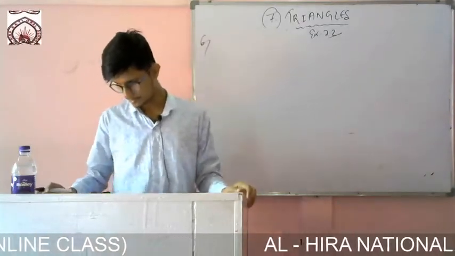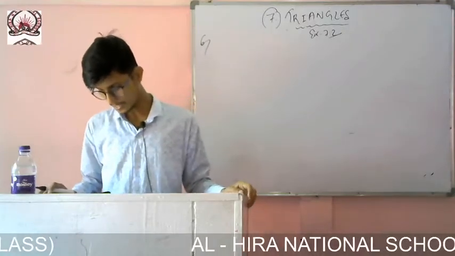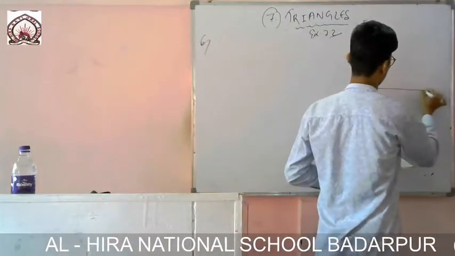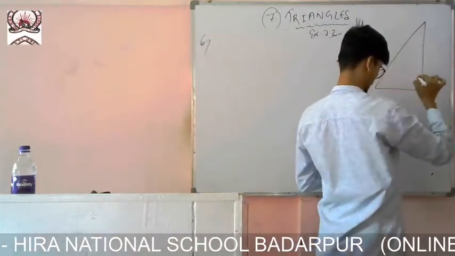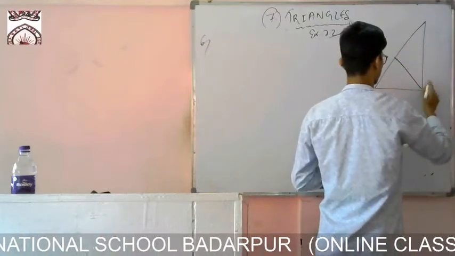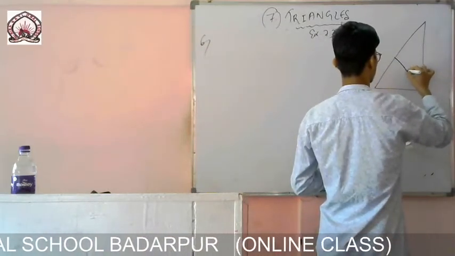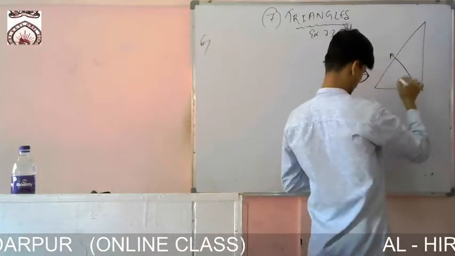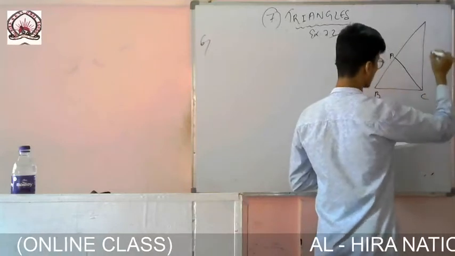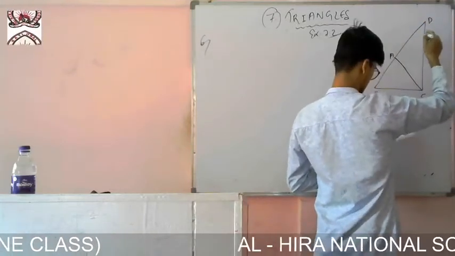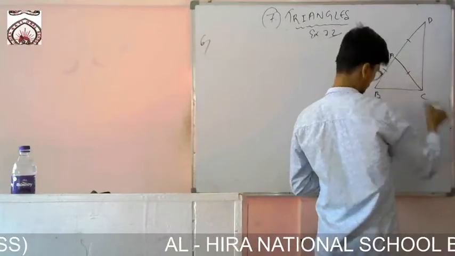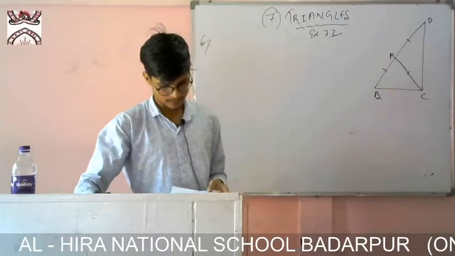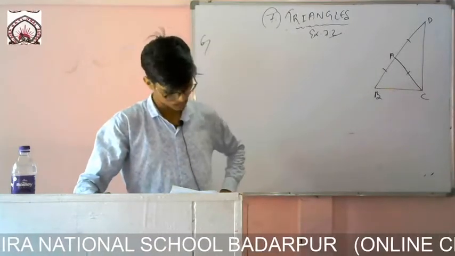Question number 6: a figure is given in which triangle ABC, so let me draw it and then I will read the question. A, B, C, D. This side, this side, this side, all are given equal. Triangle ABC is an isosceles triangle in which AB equals AC.